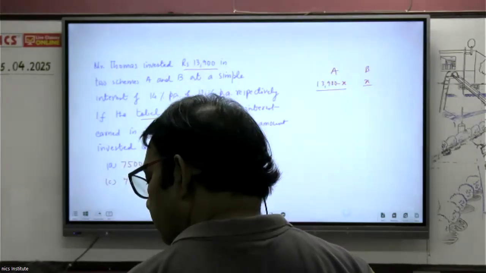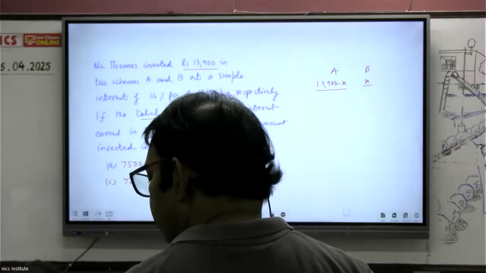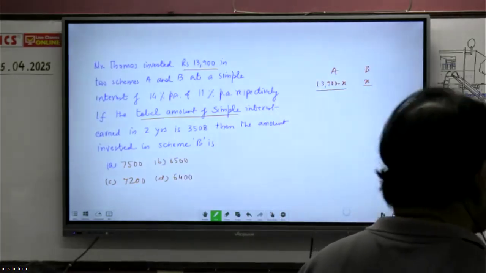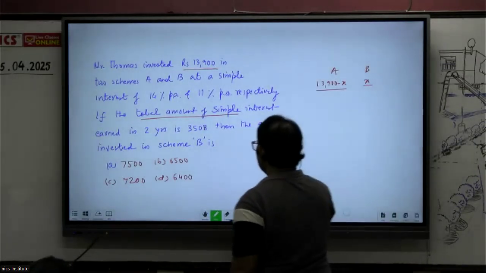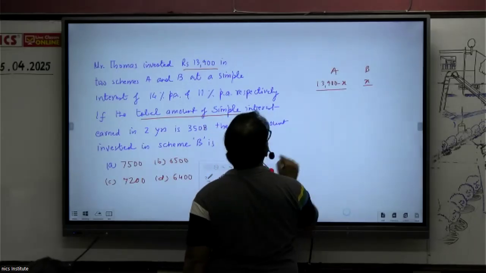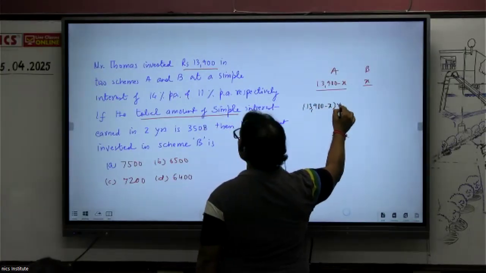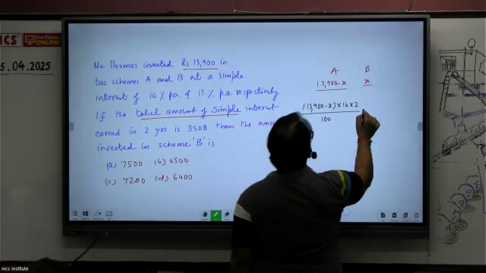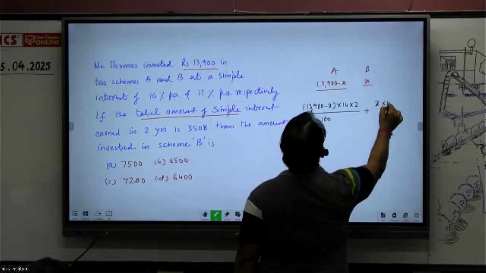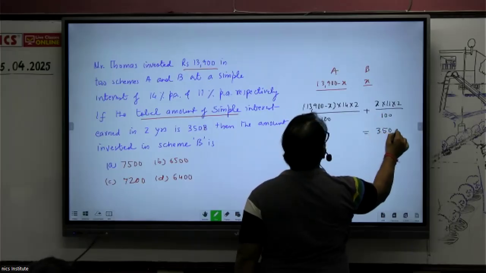T is 2, right? So P for B would be X. Add both and equate. So the interest in the first scheme will be the principal, which is 13,900 minus X, rate of interest in the first scheme is 14%, term is 2, by 100, plus X into 11 into 2 divided by 100 equals 3508.